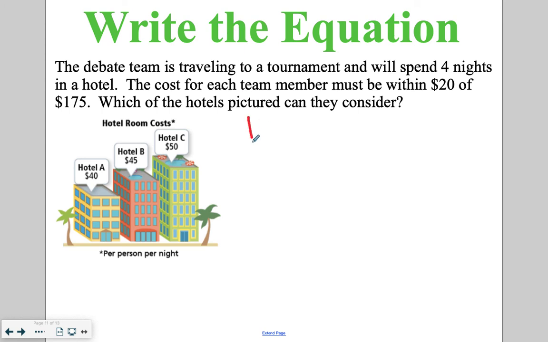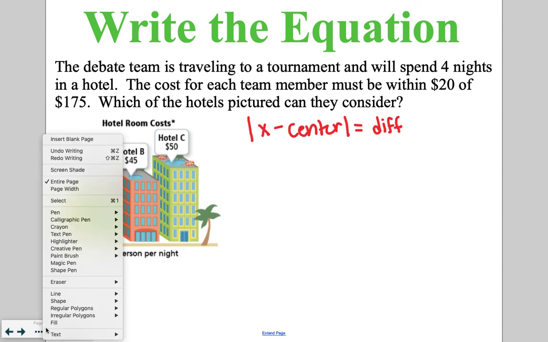When we're talking about absolute value inequalities, we have x minus that central value, and then we're going to have our inequality symbol, and then it used to be equal. In this case, we're going to change it to less than or greater than. And then we have that difference, so how far away we can be from that center point.